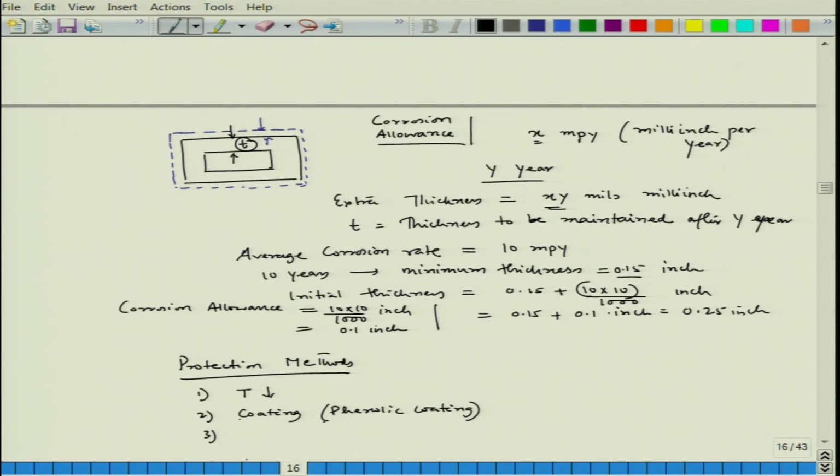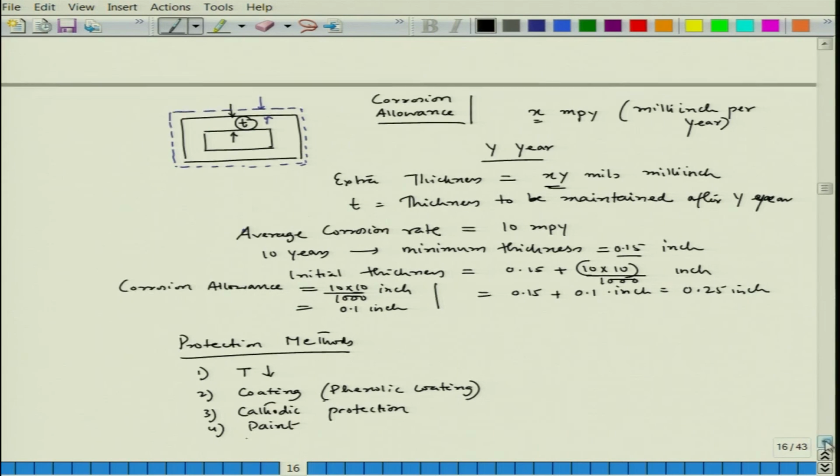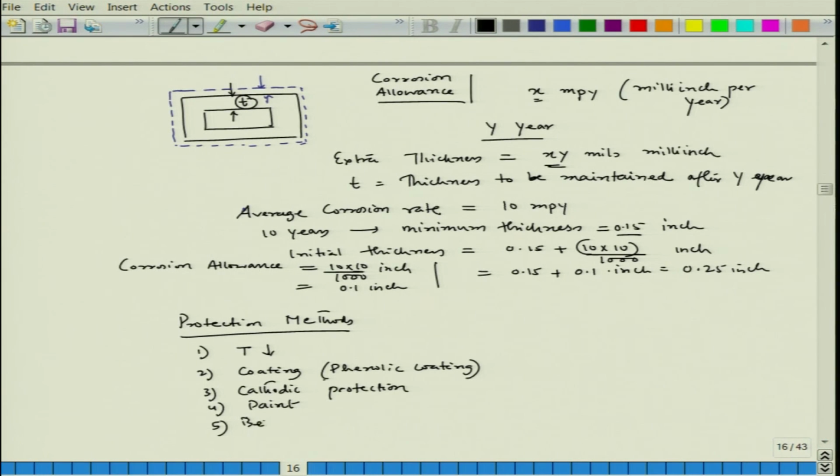There could be possibility of cathodic protection, paint, or having better material. These are general practices people follow, but you will see gradually that all those protection methods will come back and we will discuss why each protection method is thought of.